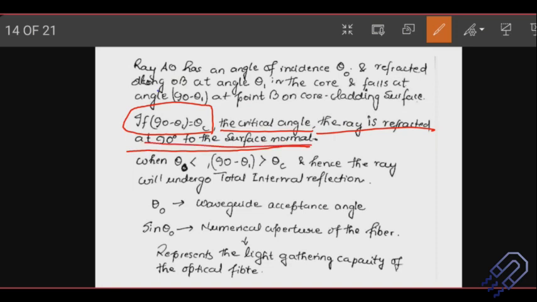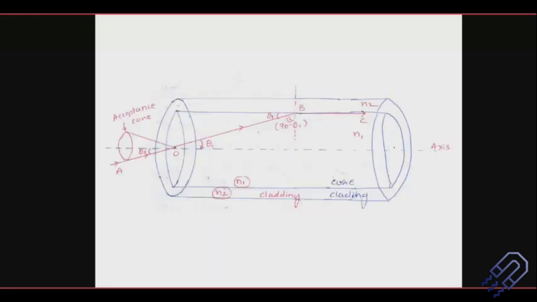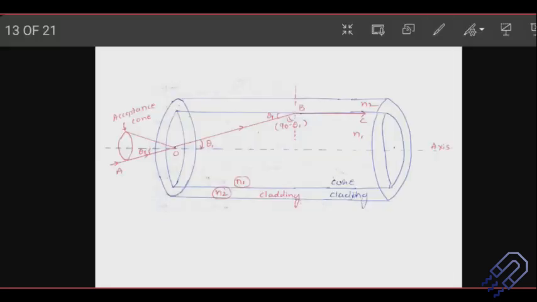When theta naught is less, 90 minus theta 1 will be greater than the critical angle. How? If you look into this particular diagram, if theta naught is less, this will be less, and if this is less, this will be more, because this is 90 minus that value.